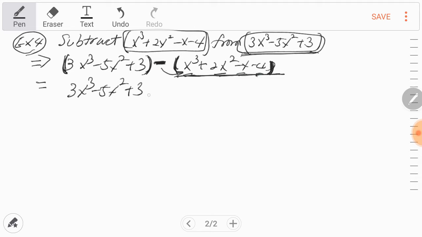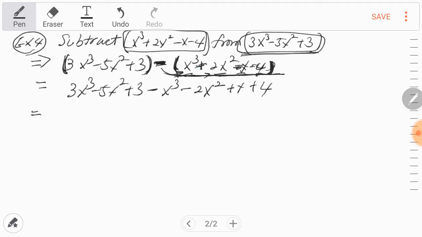Okay, so x cubed becomes negative x cubed. So negative x cubed is minus, and then 2x squared is multiplied by minus, so it's going to be minus 2x squared, and minus x becomes plus x, minus 4 is plus 4. So whenever you multiply a parenthesis by negative, then make sure to change the sign of each term.